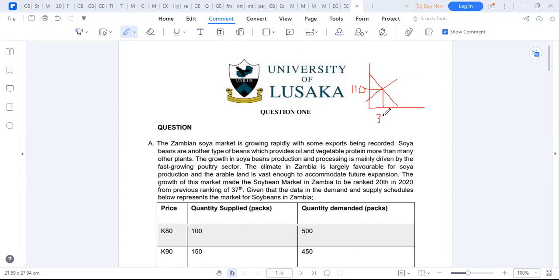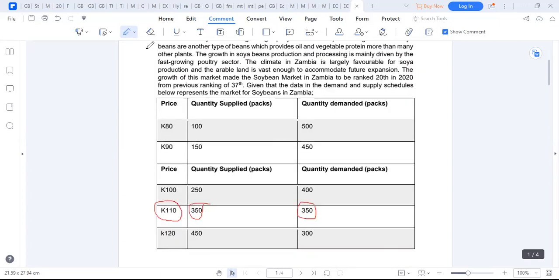So far, is that clear? You can tell from the schedule.